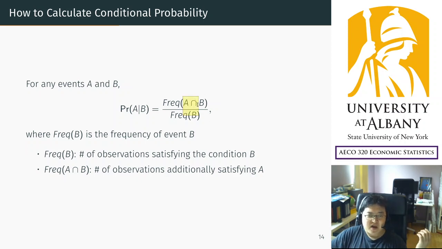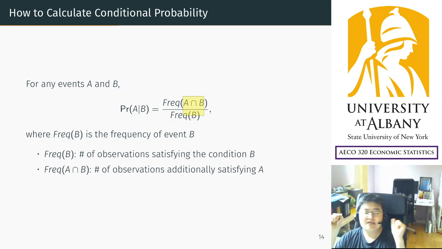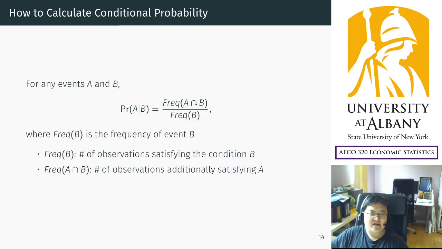So the numerator means the event that A happens in addition to B. We know B already happened, and we are looking for the cases where A additionally happens. So this is exactly what we did in the previous slides, how we calculate the conditional probability.